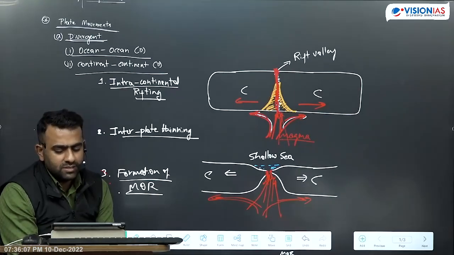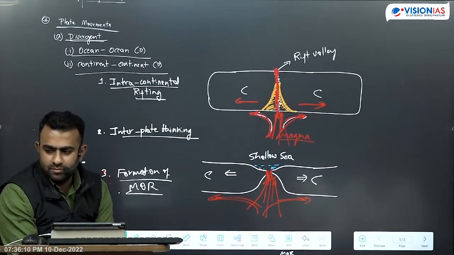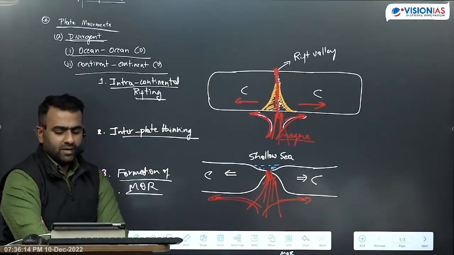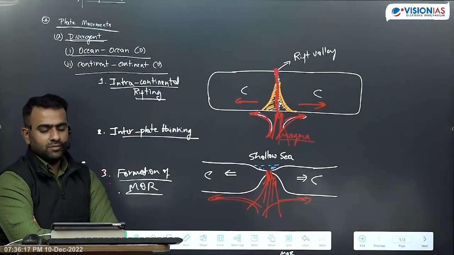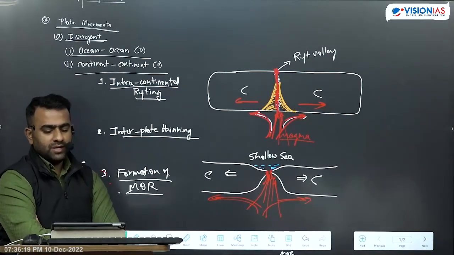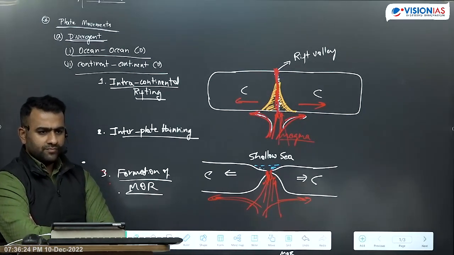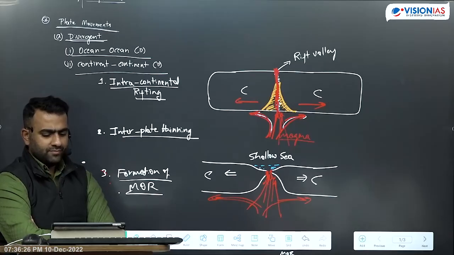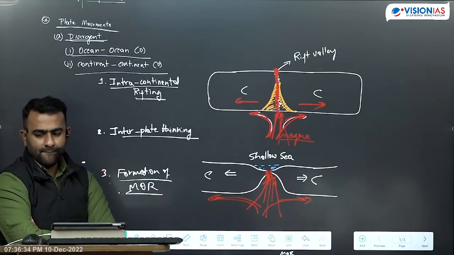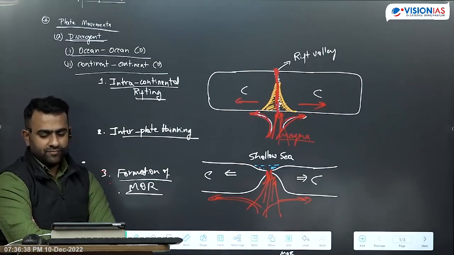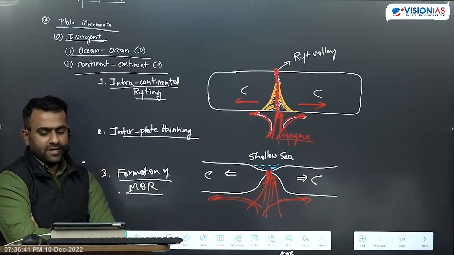Rising magma starts to come out through this rift. Example, East African Rift Valley.